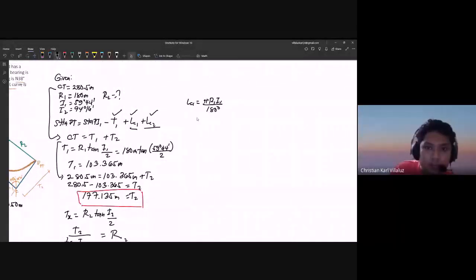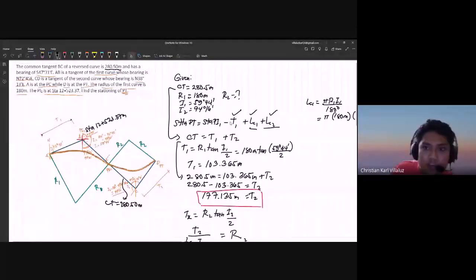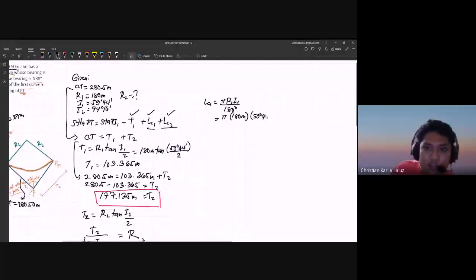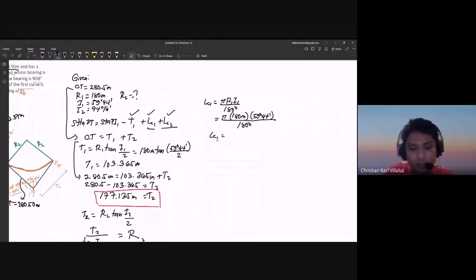So R1 is 180 and I1 is ano nga yun? 59.44. 59 degrees and 44 minutes divided by 180 degrees. LC1 is 187.658.